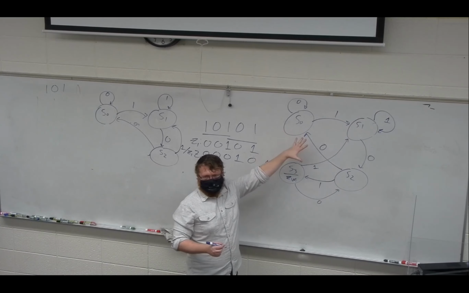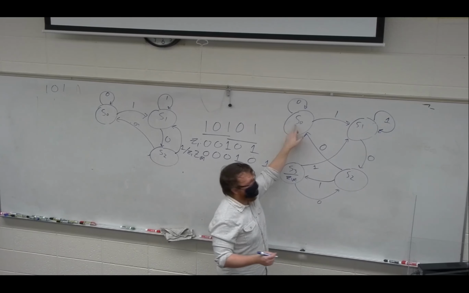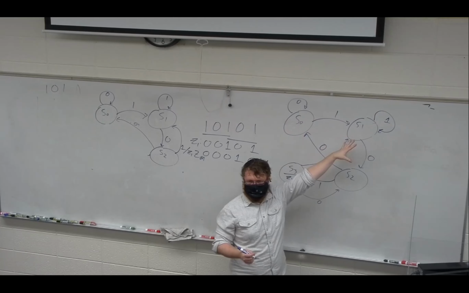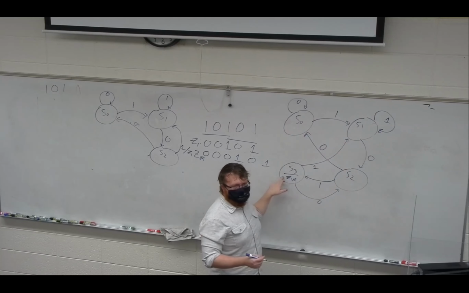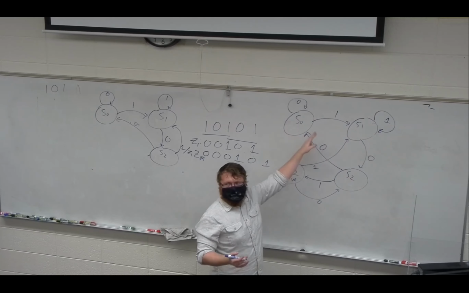In each of these states, all I'm saying is, if data in is something, state equals something else, right? And then when I finally get to here, I say Z1 equals 1. Everywhere else, Z1 is 0. And I just move through.